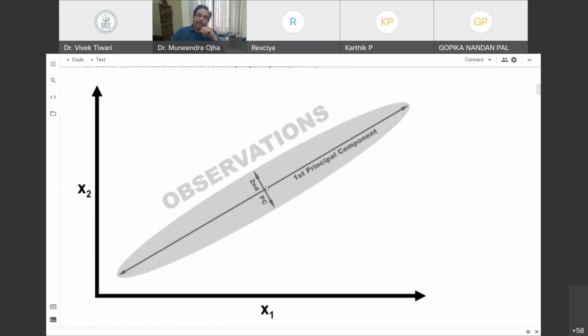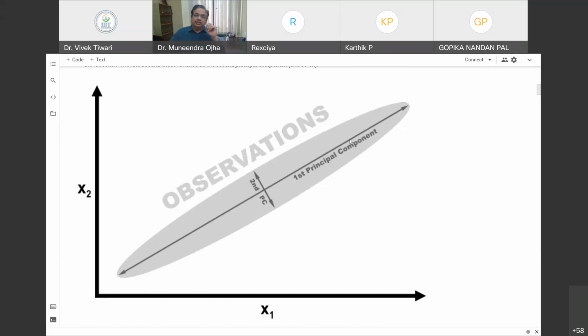Okay, then we found out two directions: direction of this long line, long arrow, and direction of this shorter arrow. Now these are two directions. When I say directions, they are basically the eigenvectors. The eigenvector with the maximum eigenvalue is this line. Now this is again a direction.